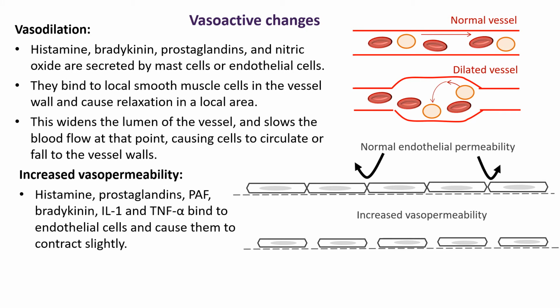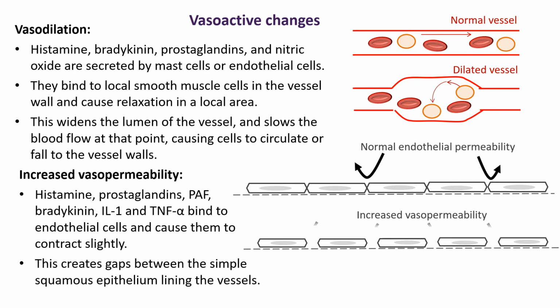Of course, when they contract, they're going to leave bigger gaps between them. So we end up with these big gaps between our simple squamous epithelial cells lining the vessels.